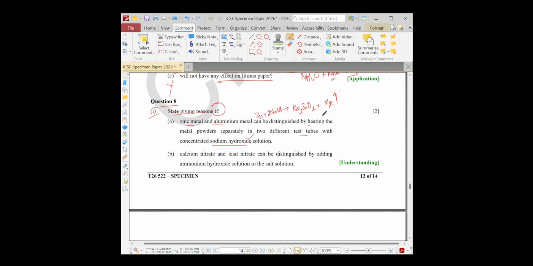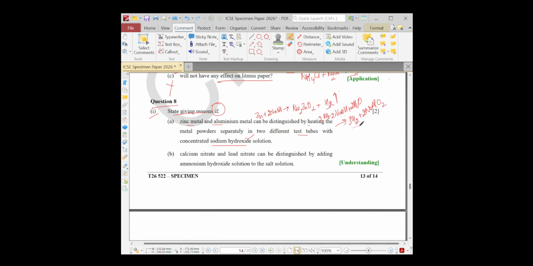And if we take aluminium, NaOH plus water, on heating it is going to give out hydrogen gas and you will get 2NaAlO2.